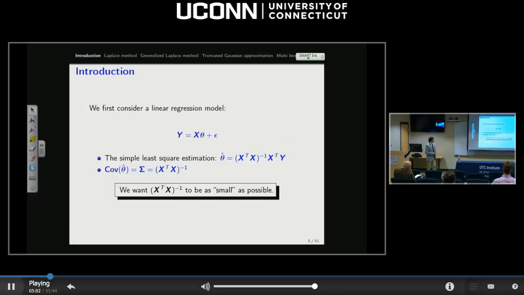Assuming that you collect all the data of y, and x is the design matrix, the simplest least square estimation of theta is theta hat, which equals (x transpose x) inverse times x transpose y. And the covariance of this estimator is sigma, which is (x transpose x) inverse. So if we want the experiment to be informative, we want the covariance matrix to be as small as possible in a certain sense.